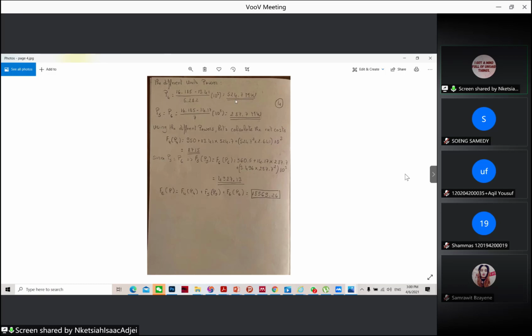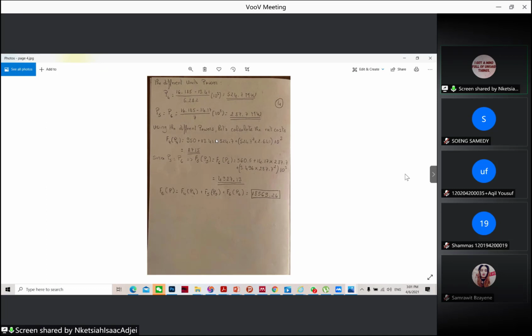And finding their individual powers, P4 gives us 524.7, meaning that's the operation at which it is operating. And looking at the other parts too gives us 287.7 megawatts.